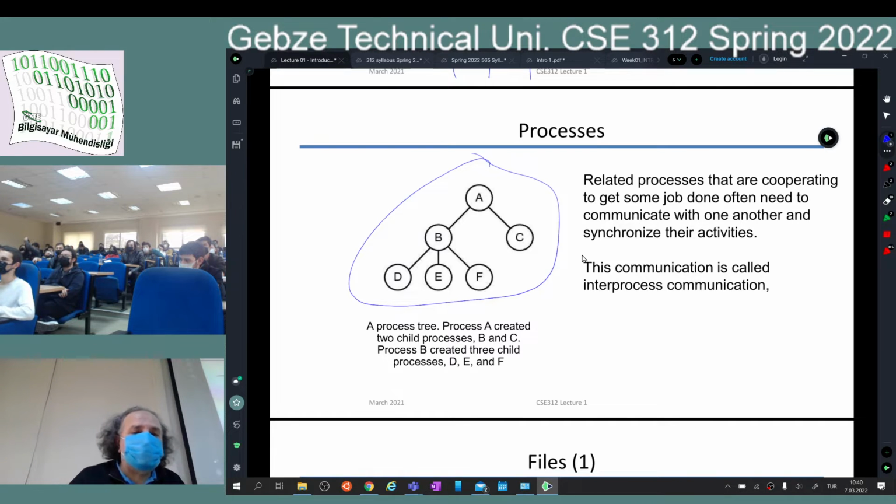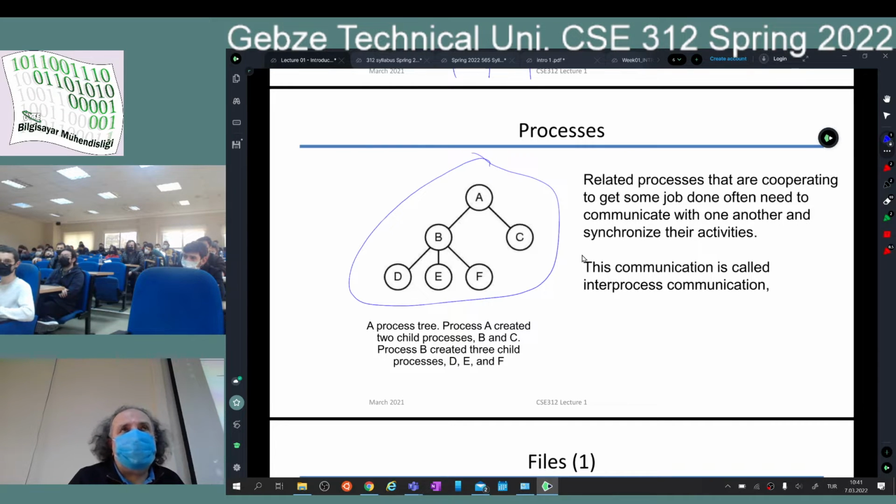This is something common, and sometimes we refer to this hierarchy as a parent process with child processes. Some operating systems directly support this structure from their kernels. For example, Unix has this structure.